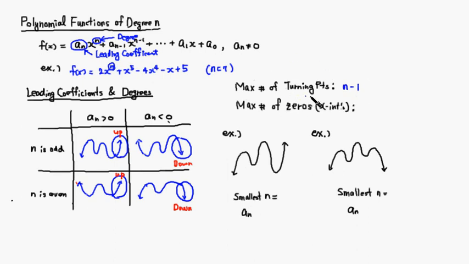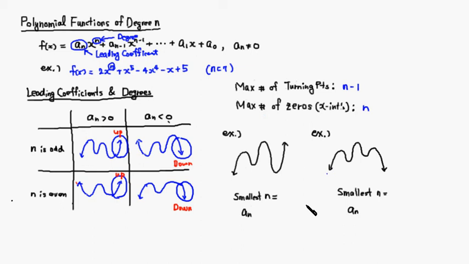And the number of zeros, that is the number of x-intercepts, is going to be at most the same as the degree, so it's n.